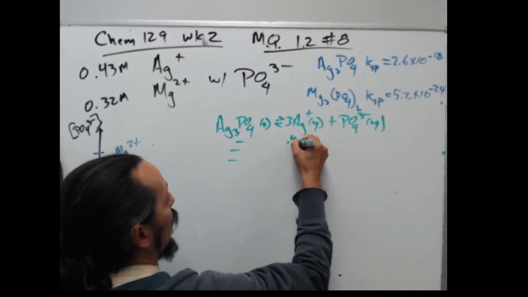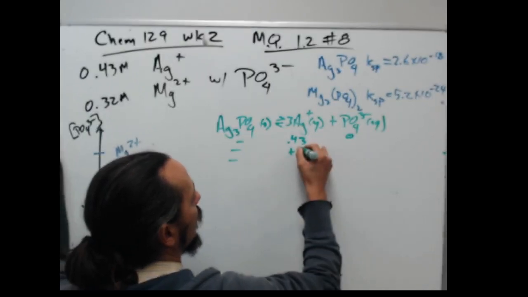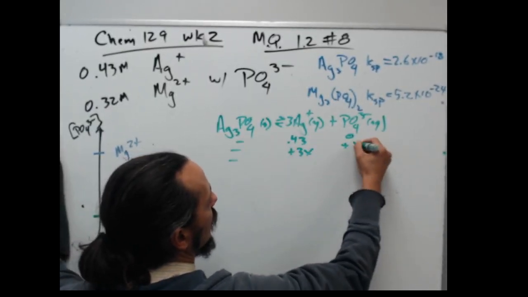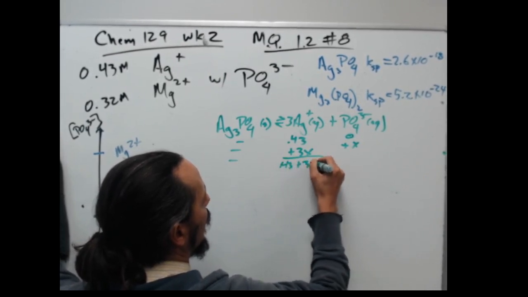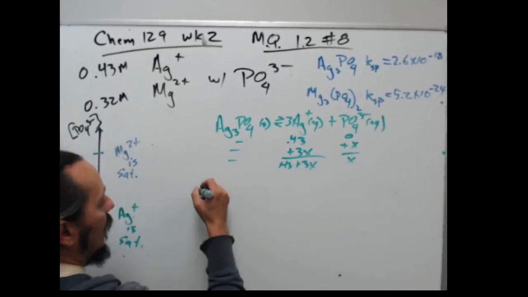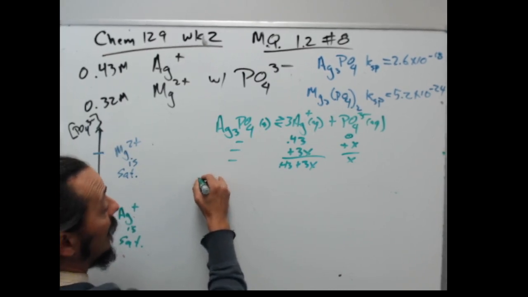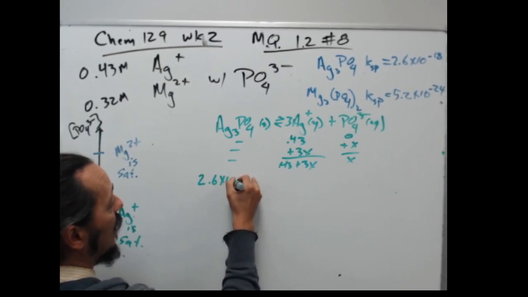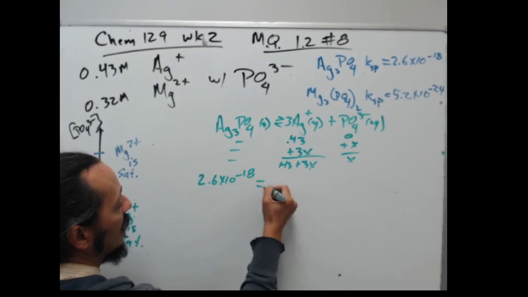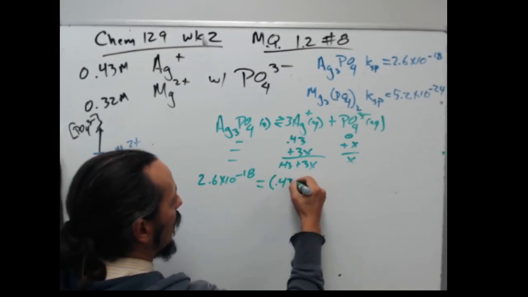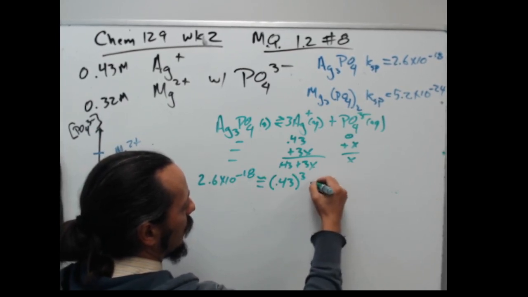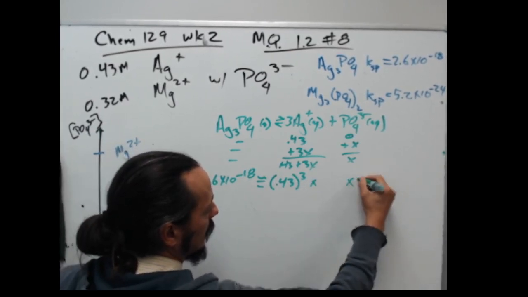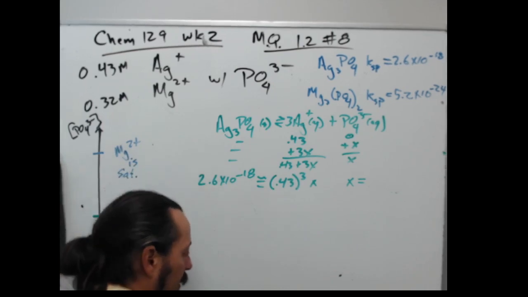Here we've got 0.43, we've got 0, we've got plus 3x, we've got plus x, we've got 0.43 plus 3x, we've got x, and I'm just going to plug everything in. 2.6 times 10 to the minus 18 is equal to 0.43 cubed, approximate, times x. I'm going to solve for an x concentration.